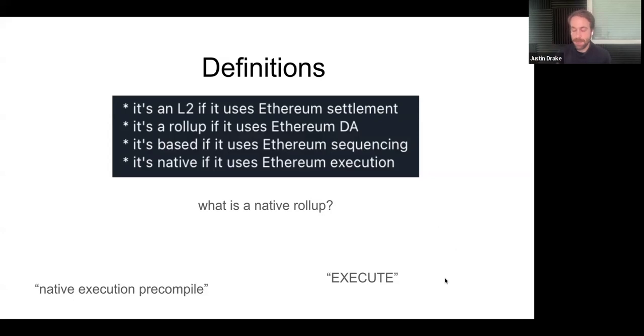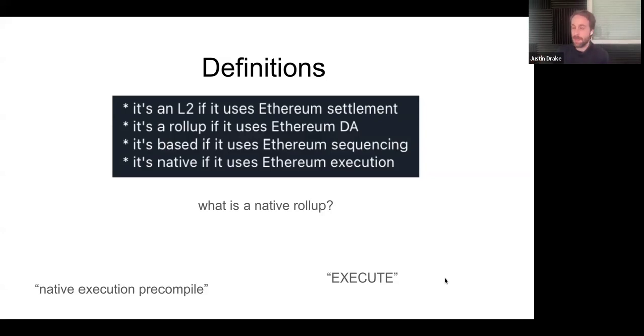The three most important inputs are a pre-state root, a post-state root, and a trace. And basically what the precompile does is make an assertion. It's asserting that if you execute the trace, starting from the pre-state root, you end on the post-state root.